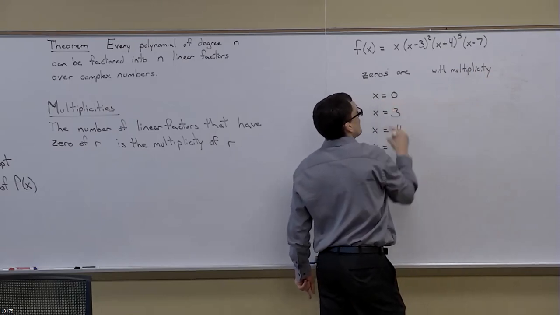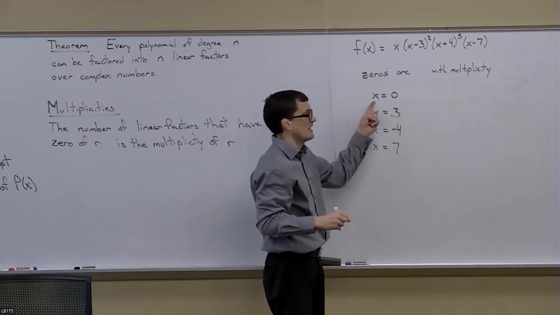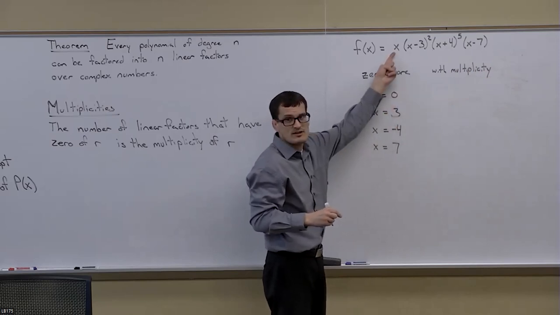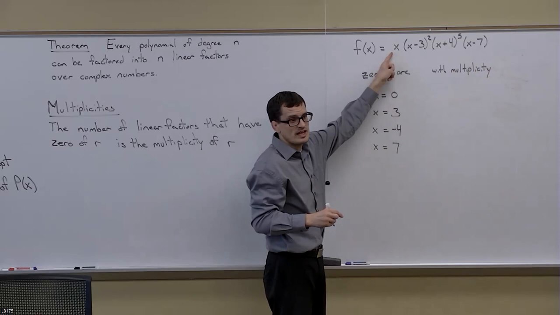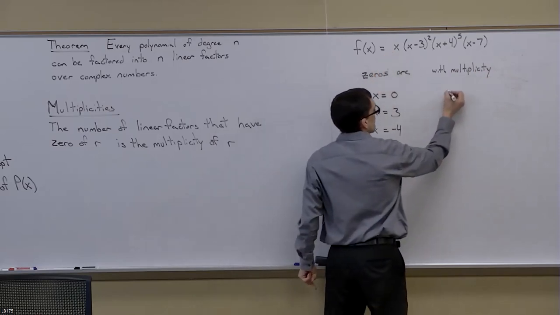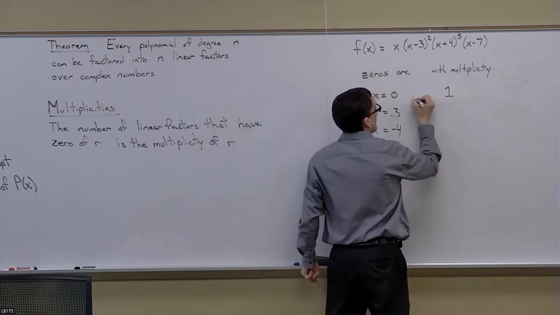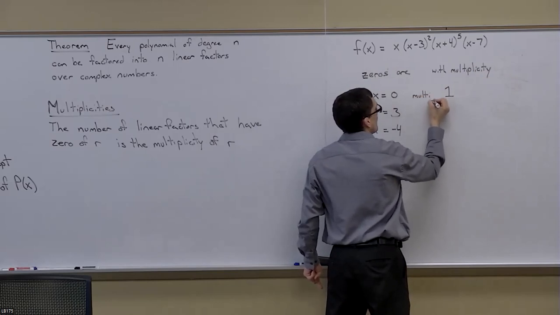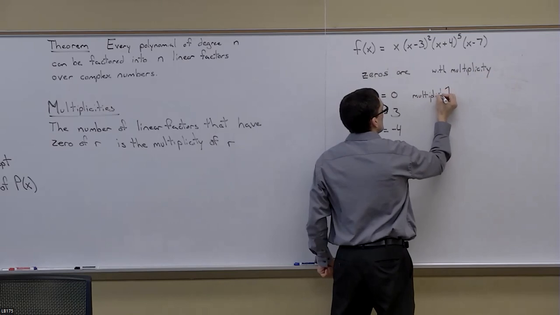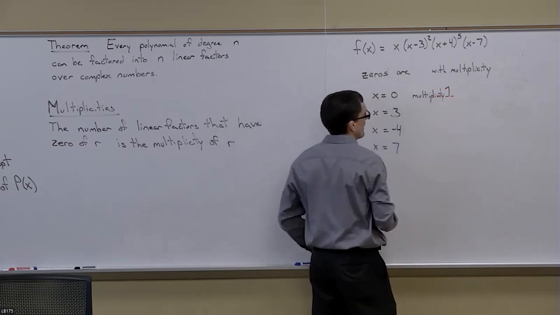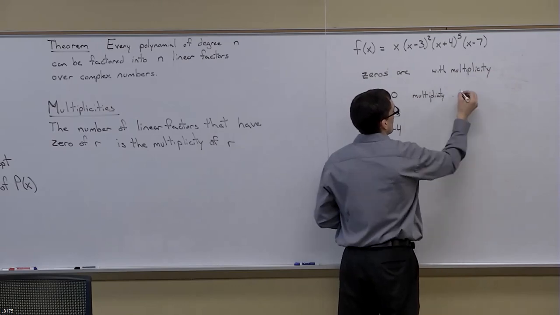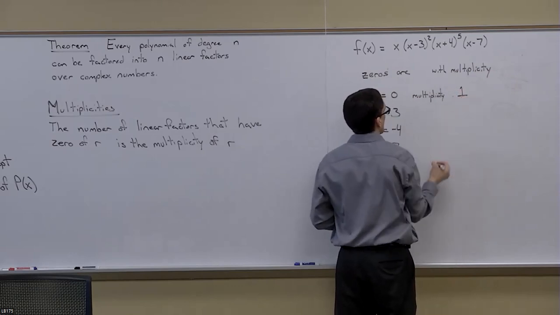So how many factors have x equals 0 as a 0? There's only one factor, right? Just the x. Multiplicity in that case is 1.